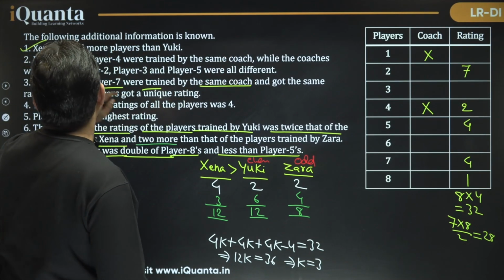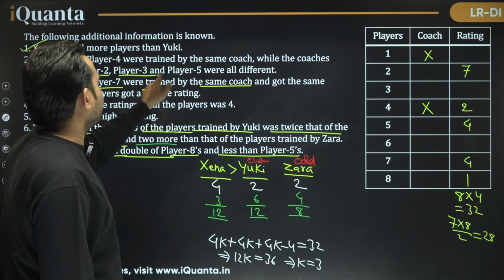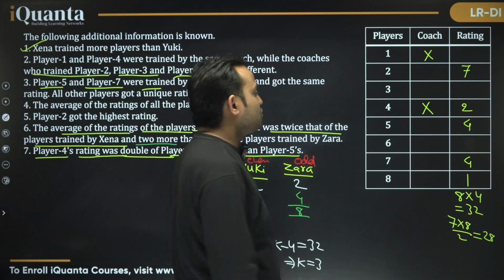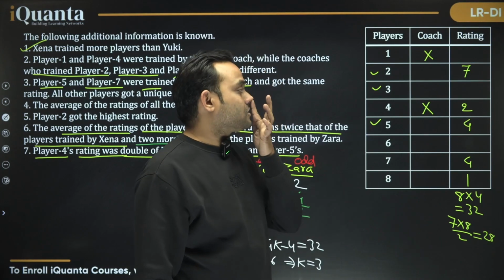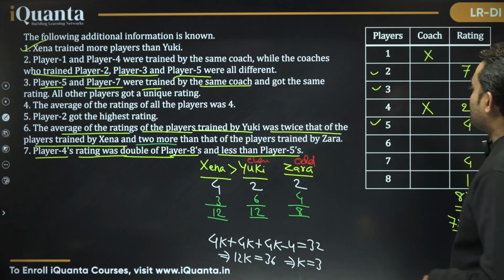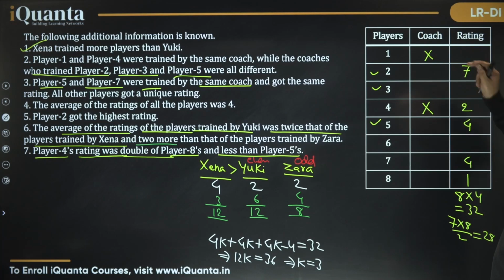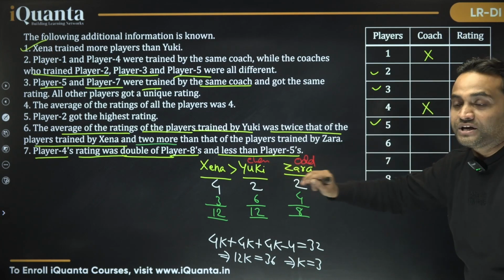Coach X. Now, player 5, here it's while the coaches who trained player 2, 3 and 5 were all different. Now think about this. X has already coached 1 and 4. What can we say about player 2, 3 and 5, if all three are different? 3 and 5 cannot be coached by Yuki, right?